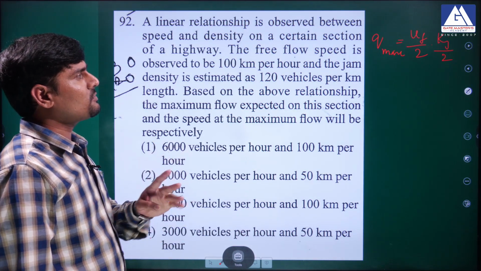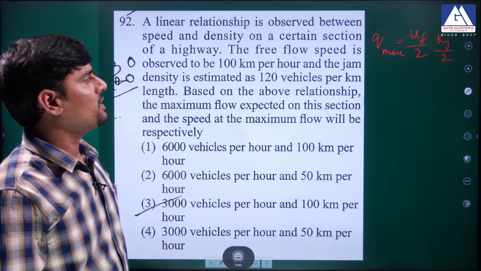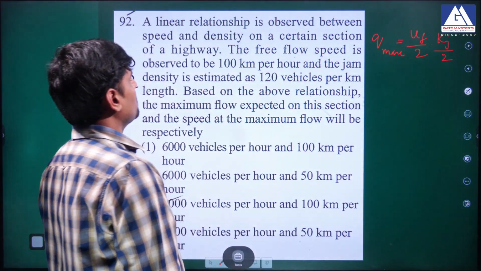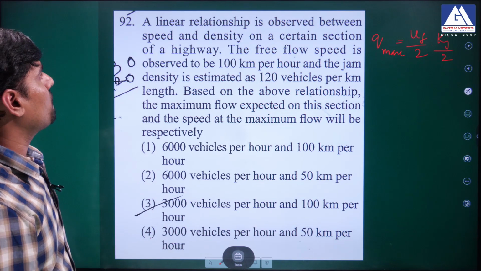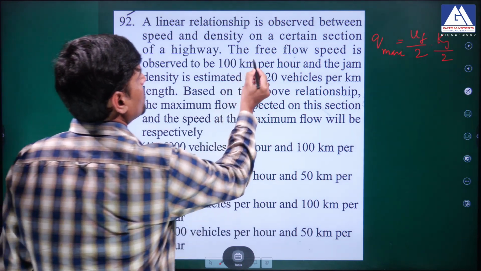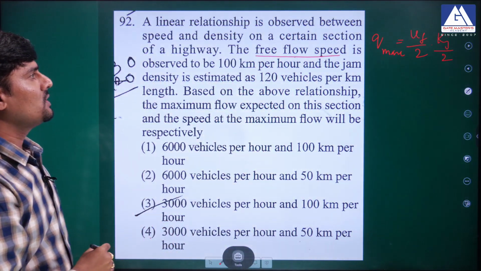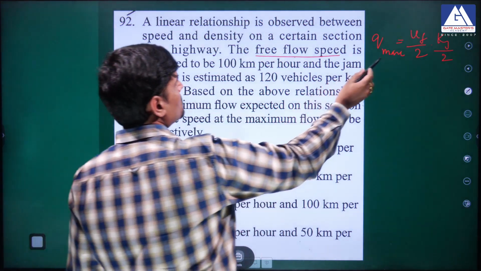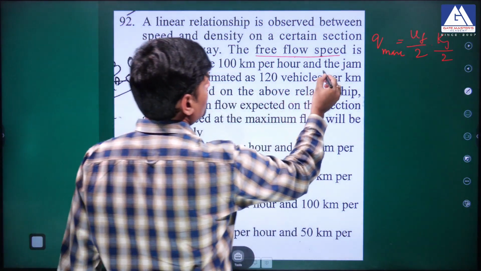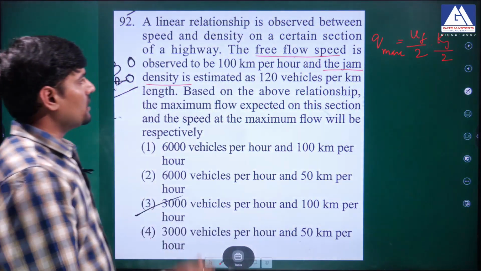There are 3 graphs which we have seen earlier, a couple of minutes ago. So, from there we can write the linear relationship of free flow speed and density. Here in the question itself he has mentioned the free flow speed, so it is inevitable that we have to use this equation. And another one is jam density. He has also given jam density, so Kj is also there in the linear relationship.